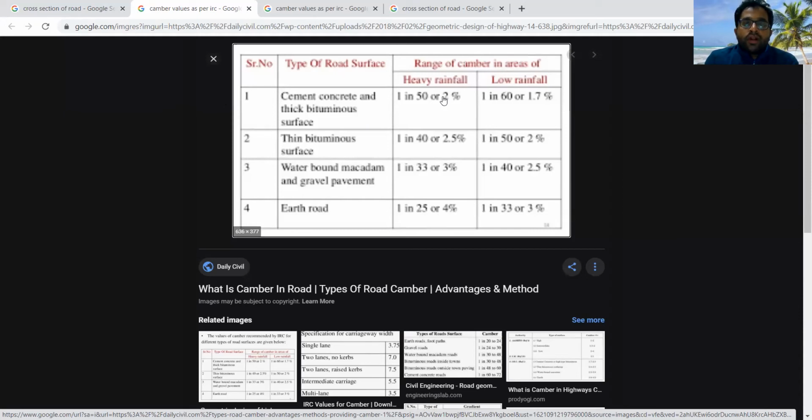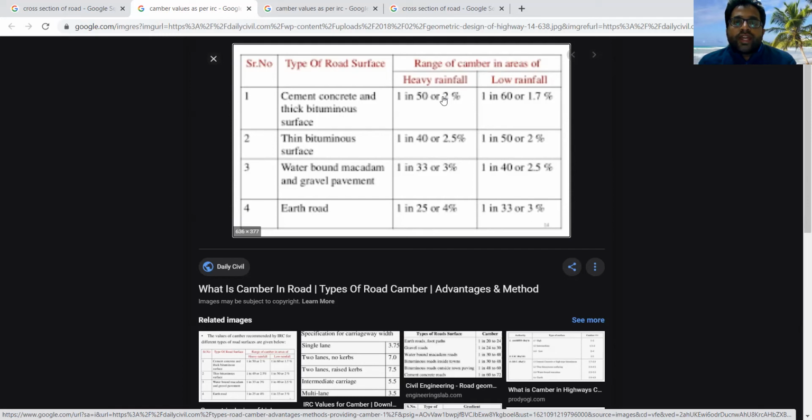For heavy rainfall there is one range of camber, and for low rainfall there is another range. So type of road surface and intensity of rainfall will decide the range of camber to be provided in different areas.